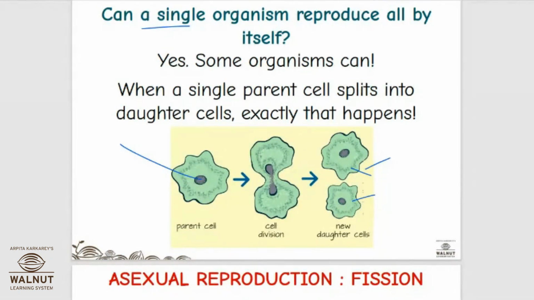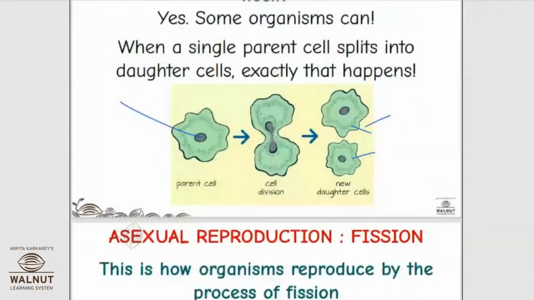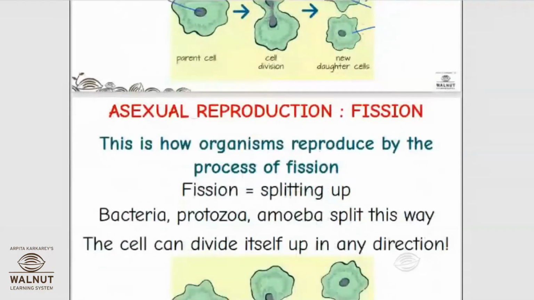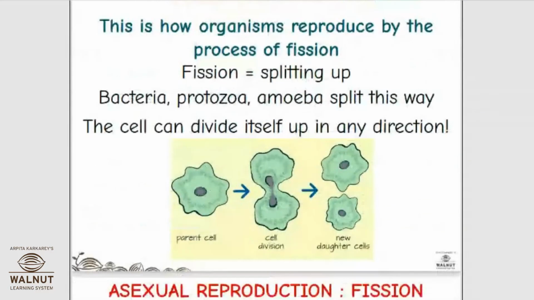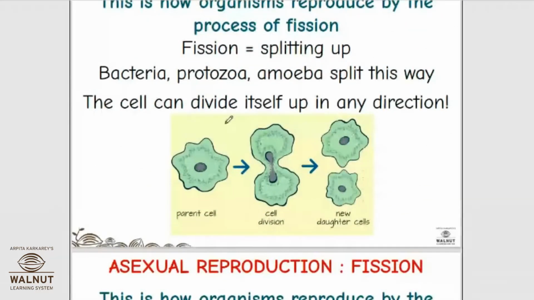Is this clear? Now, this is called fission. This is how organisms reproduce by the process of fission. Where one cell divides into two, this type of fission is called binary fission.